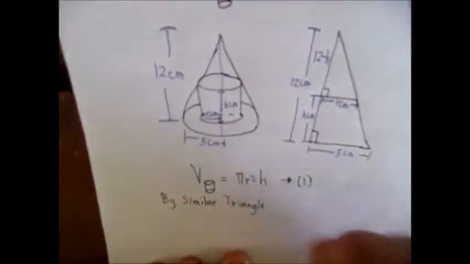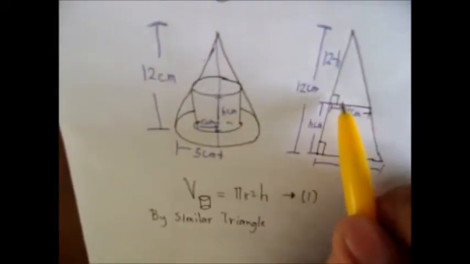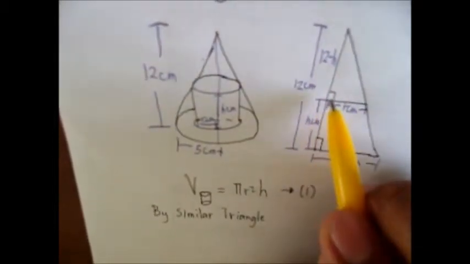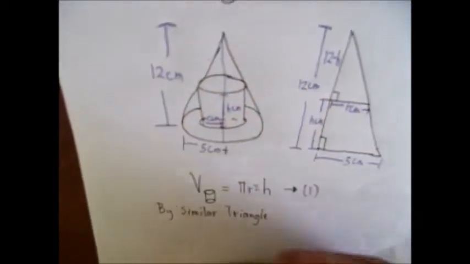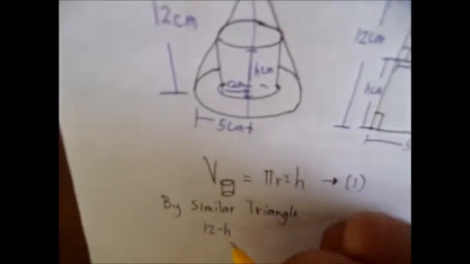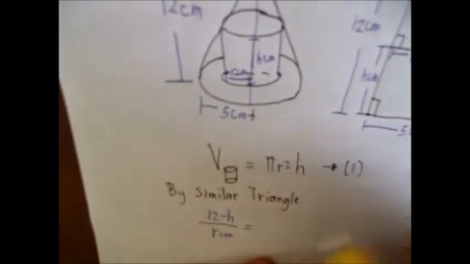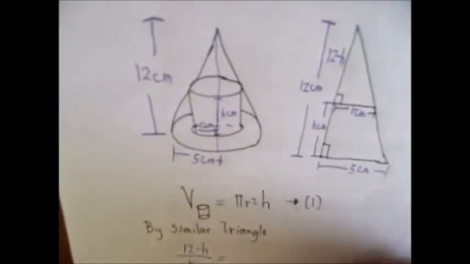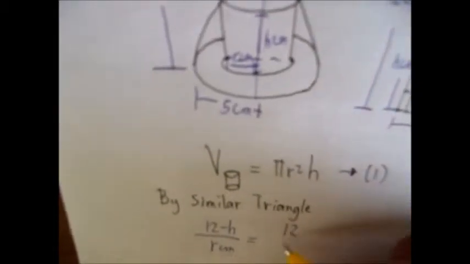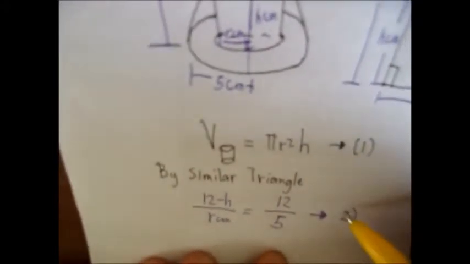So for the smallest right triangle, the opposite over adjacent is 12 minus h over r centimeter, which is equal to the biggest triangle's opposite over adjacent, 12 over 5. This is represented as equation number 2.